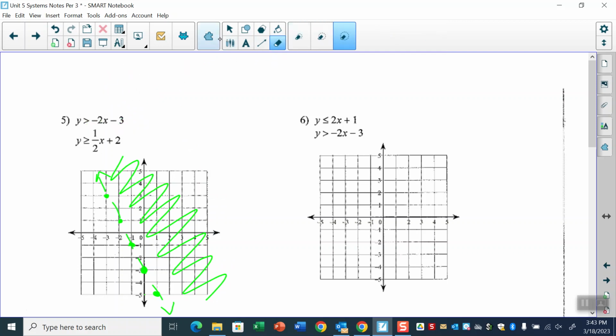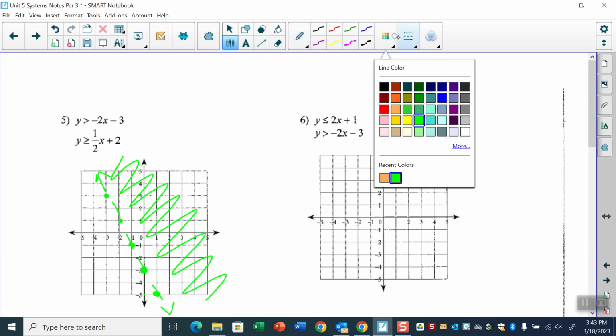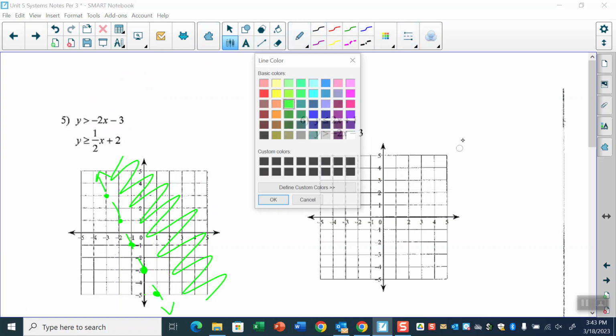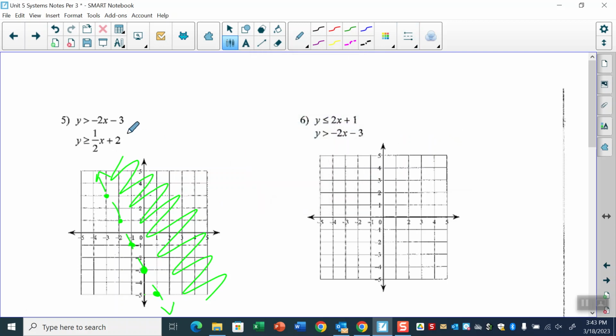And then doing the bottom one here. I've got a y-intercept of +2. So here's my +2. And then my slope is 1/2. So I'm going to go up 1 over 2. Up 1 over 2. Or I can go down 1 over 2. Down 1 over 2.